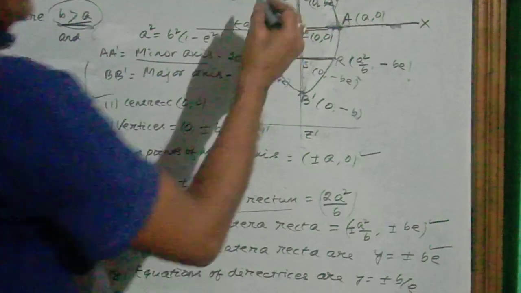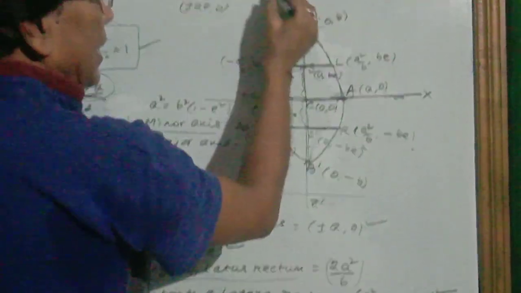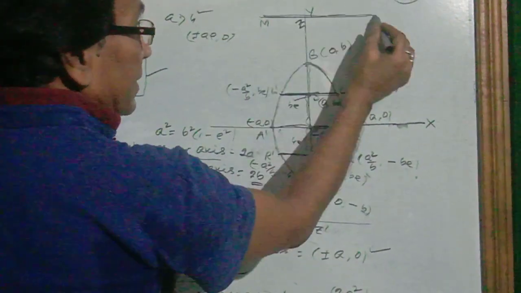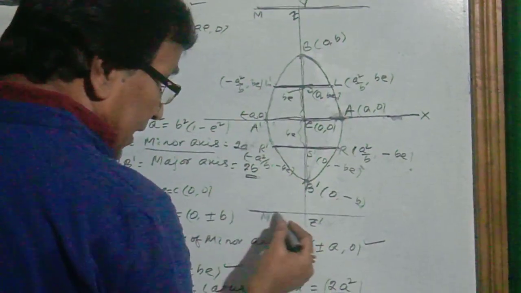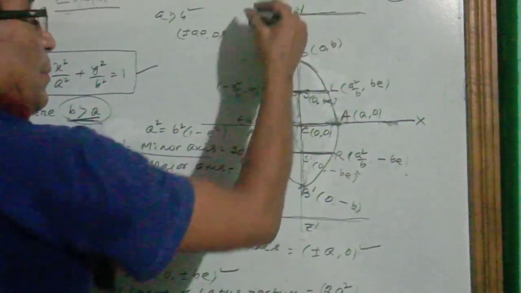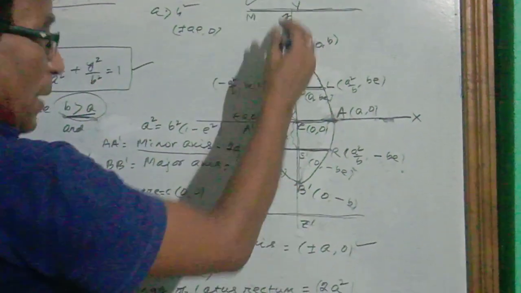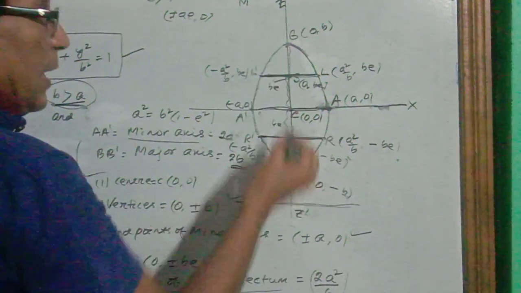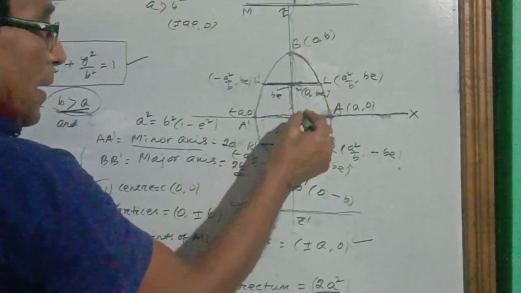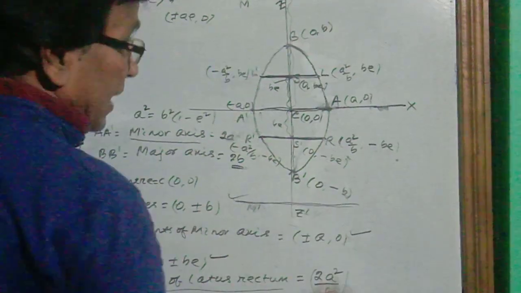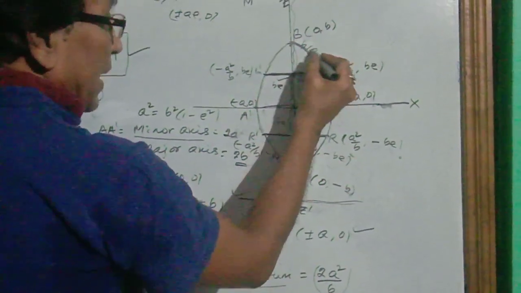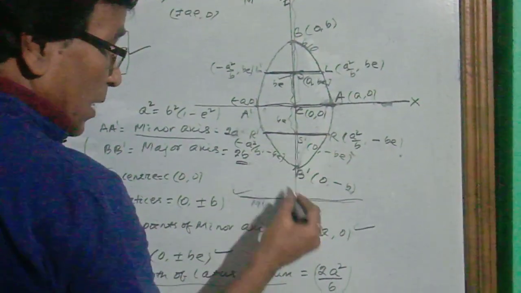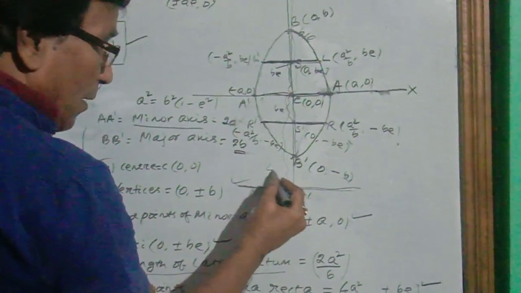Next we will find out the equation of the directrices. Similarly, these two directrices are parallel to the x-axis and cut the y-axis at a distance b by e from the origin.